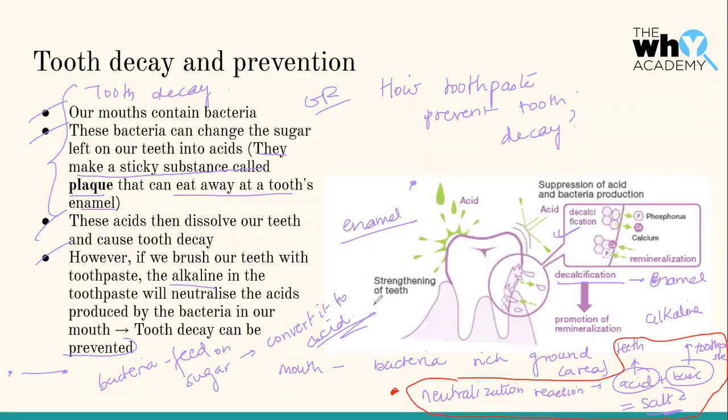This year and last year, not many questions were asked on tooth decay, because they can't ask you MCQs on this. It was MCQ format. Life processes went completely MCQ, so all the processes and detailed steps were not required. But the number of terms you had to remember went up significantly, because we didn't know where they would stop, which point would become extra information and which point you had to know.